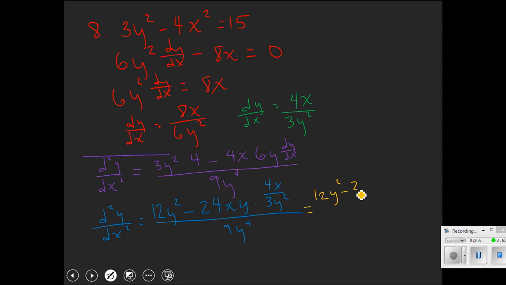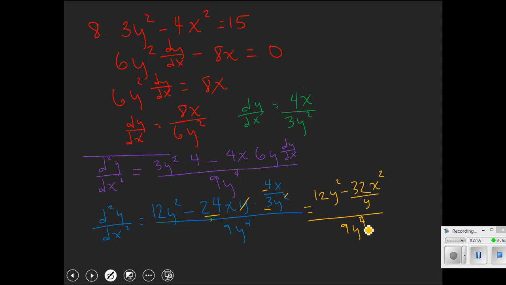So let me say what I did just in case you got lost there. So 24 divided by 3 is 8, times 4 is 32, because remember this is basically 24 over 1 that you're multiplying. Okay. Then you have the two x's that are going to be in the numerator, so that's x squared, and then this y cancels out with one of those, so this is over 1y, and then that's all over 9y to the 4th.